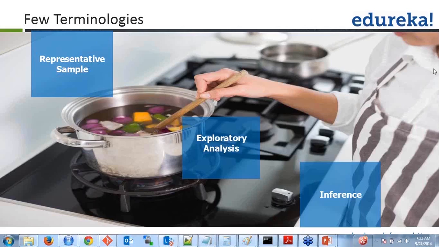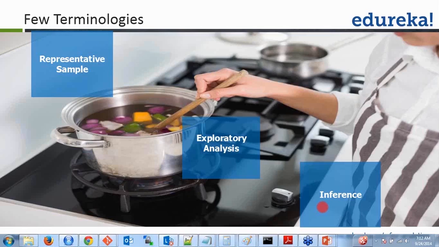The teaspoon of soup that you are taking is referred to as the representative sample. Once you take the teaspoon of soup, you check whether salt is added properly, whether all the vegetable ingredients are in proper mix, and so on. This process is called exploratory analysis. Based on how the salt and other ingredients are checked using the teaspoon of soup, you make a decision or an inference about the soup as a whole. This process is called inference.